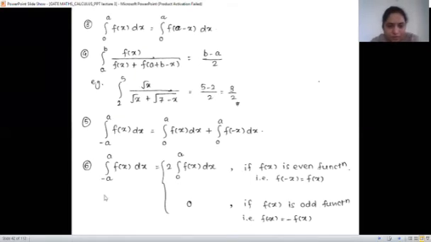Next is minus a to a f of x is 0 to a f of x plus 0 to a f of minus x.